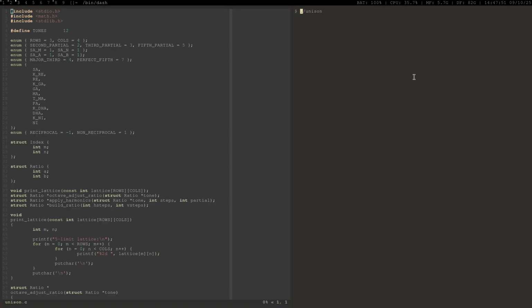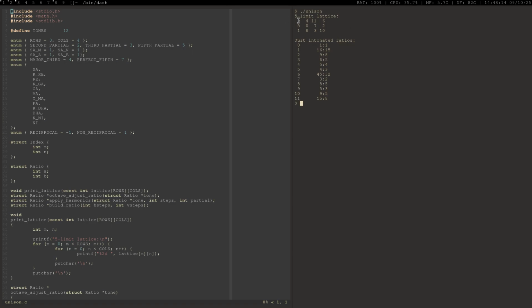So if I run this, what you get is a 5 limit lattice. This is the 12 tones of the 12 system, 0 through 11, which could be any key, doesn't really matter. If you wanted it in the key of C, 0 would obviously be C and 11 would be B. And this is how it would look on the lattice.